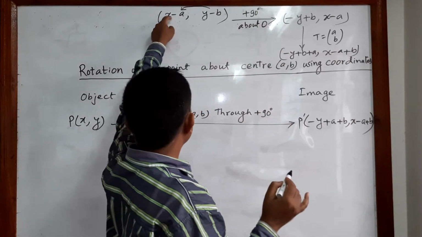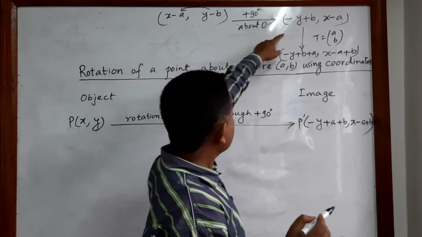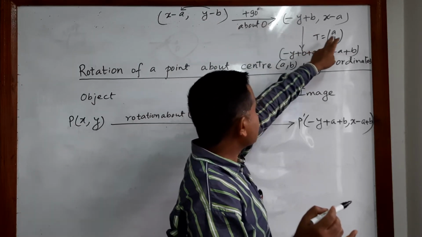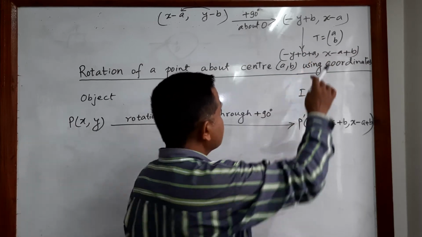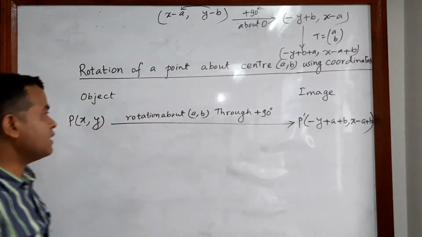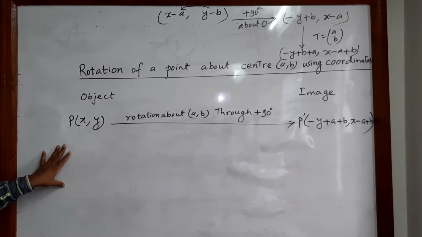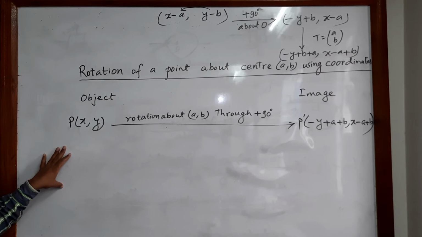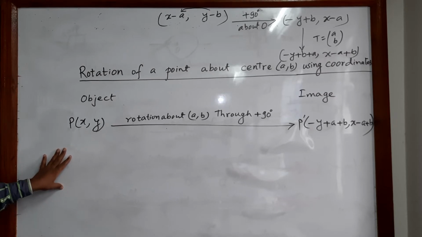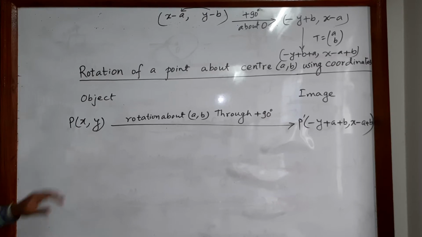So this comes to this place and the sign changes: minus y plus b, x minus a. And again we translate using translation vector AB, and simply add a with this, b with this, and now our formula is ready. Using the same technique, we can make the formula for rotation through minus 90 degrees, clockwise 90 degrees.